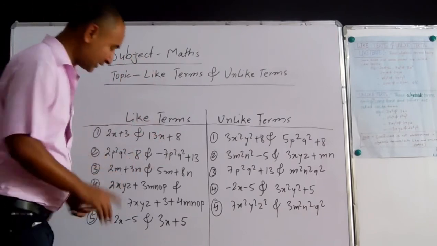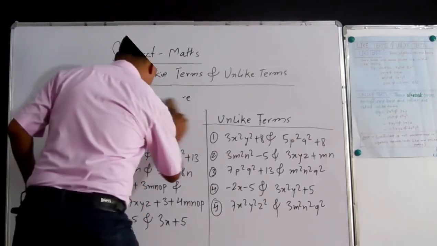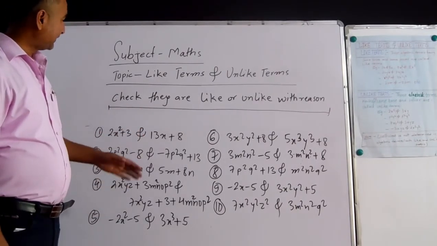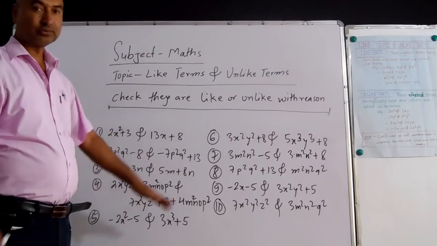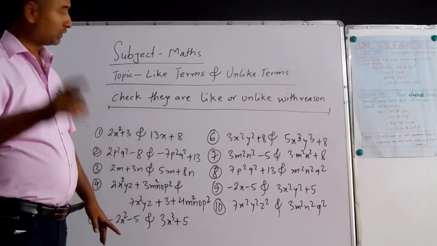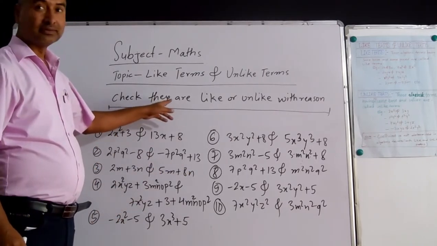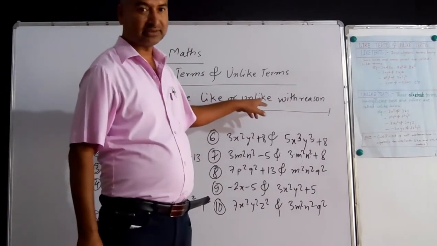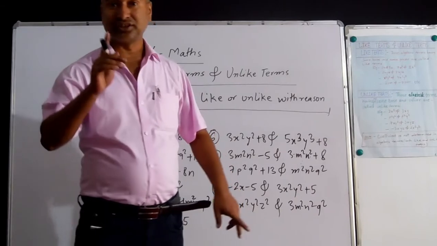Now it's time for homework. I am writing here some examples. Students, I have written here 10 examples for you. Check if they are like or unlike, and write with reason.